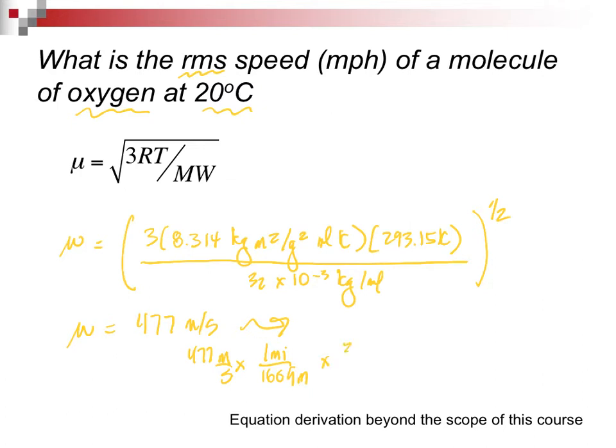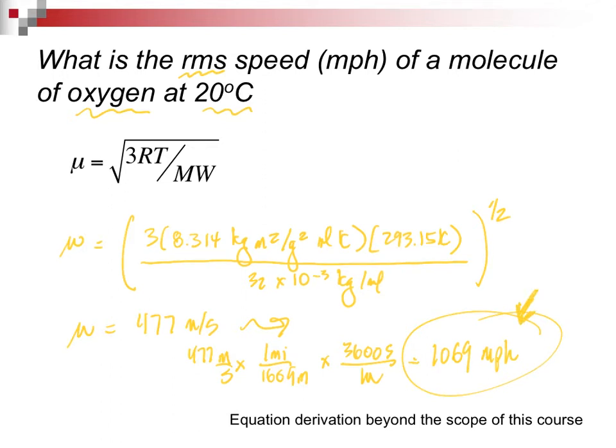And we know there are 3,600 seconds in 1 hour. That tells us the speed of oxygen is 1,069 miles per hour. Well, think about an object moving at that speed, past Mach 1. But that is what oxygen is doing as it's rushing past you right now.